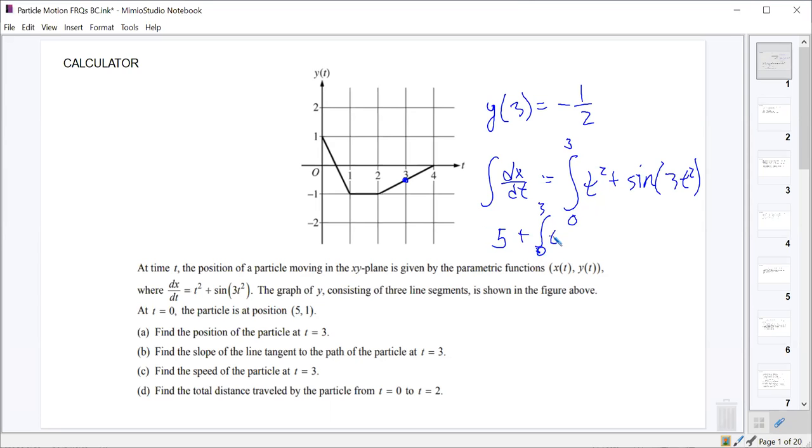This would have made it really hard to do a lot of the parts of this, not having a calculator. So since this is all right here, this is displacement. And so when you integrated that and added 5 to it, you would have gotten 14.377.